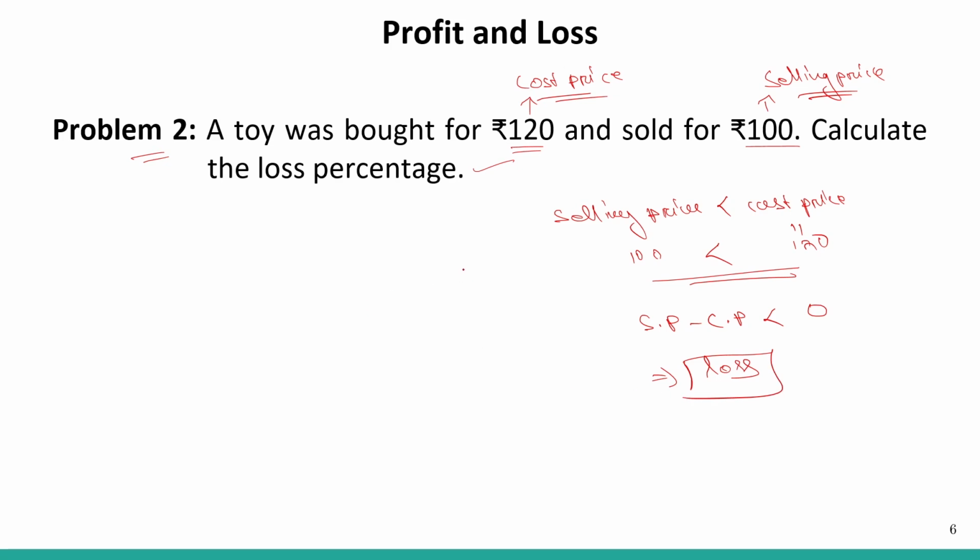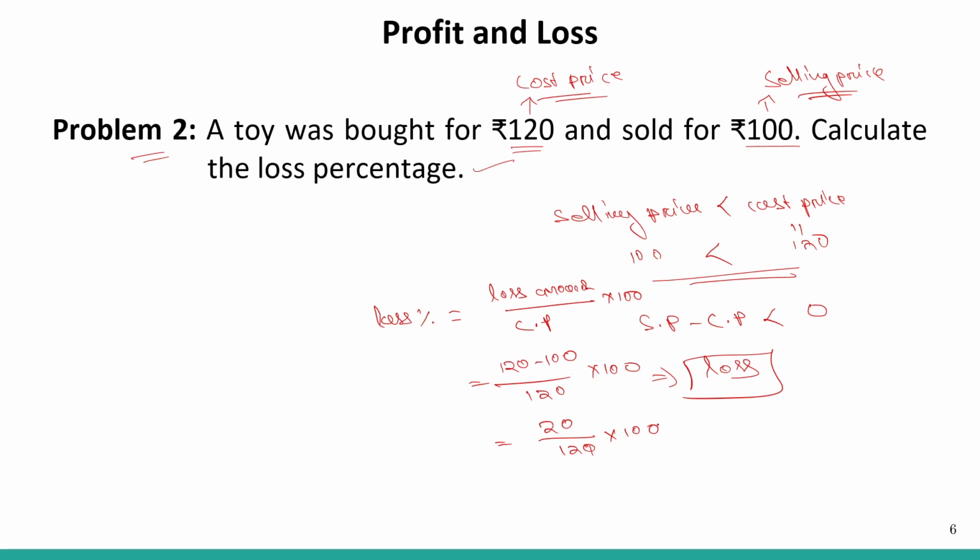How do we calculate loss percentage? We already know that loss percentage is the loss amount by CP, that is cost price, into 100. So the loss amount is 120 minus 100, whole by cost price, that is 120, into 100. This is equal to 20 by 120 into 100.